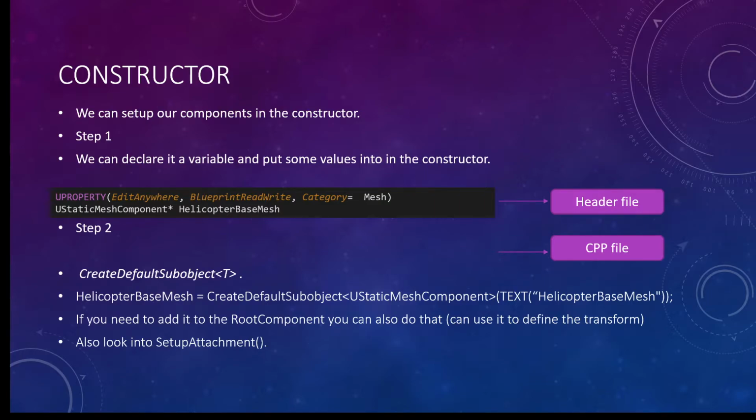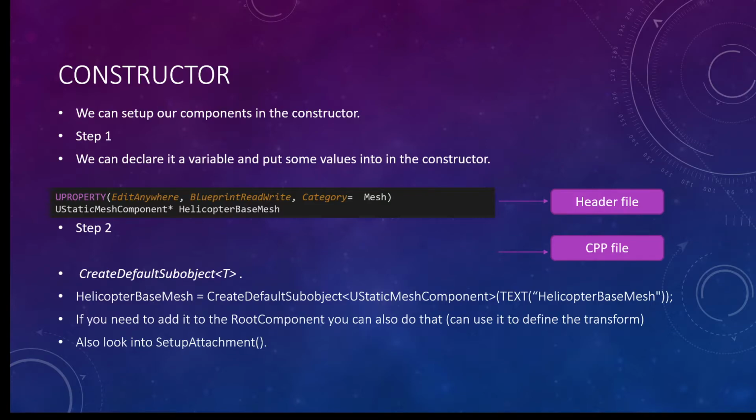BlueprintReadWrite just means a get and a set. So later in the future I will go over a whole video based on blueprint macros, so look for that in the future. But just so that if you guys don't know, it's just our getters and our setters for getting and setting variables. And then Category, of course, is you can name each variable and put them in different categories inside the editor.